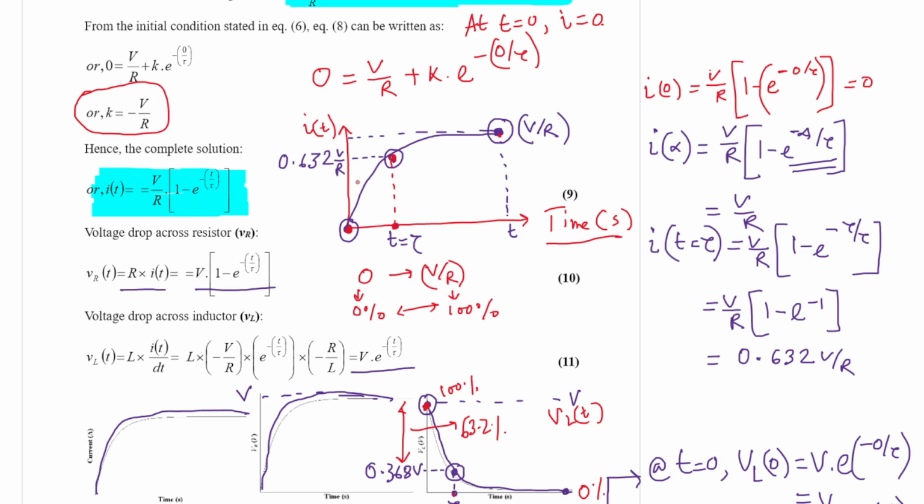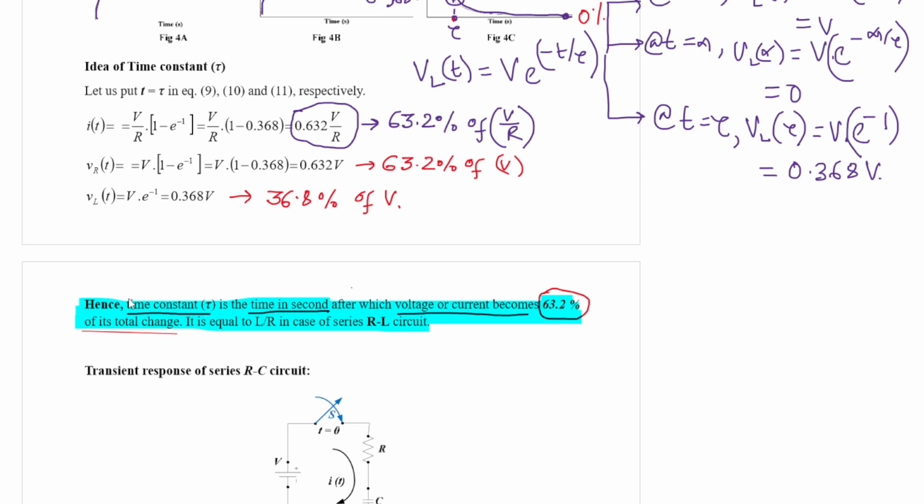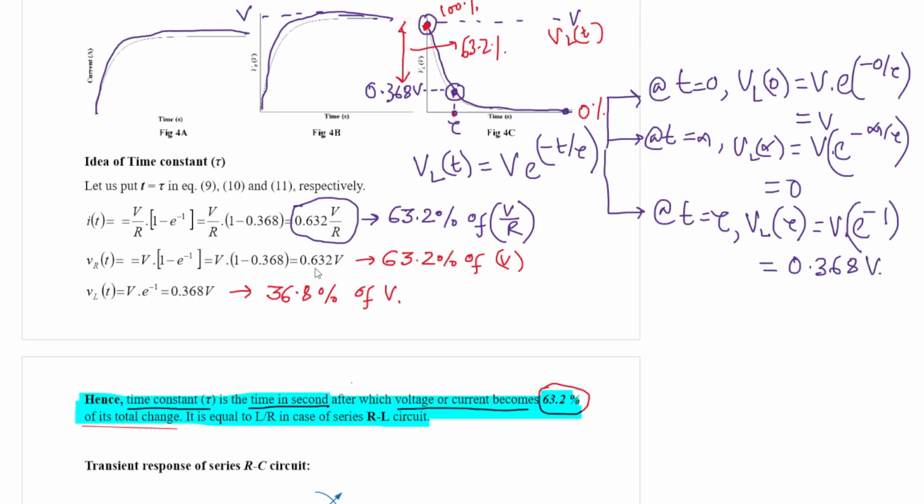That means you have to measure the change from 0 to 63.2%. That is the definition of time constant, and for a series RL circuit, the time constant becomes L by R seconds.